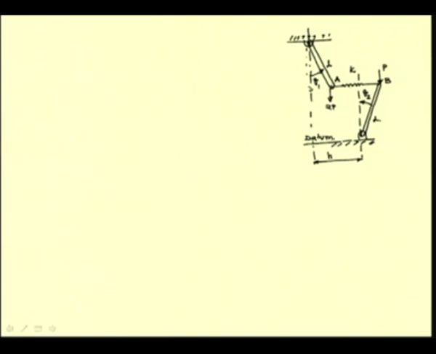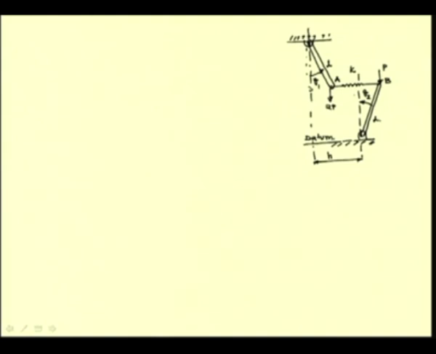Let us also assume that for small disturbances the spring is stretched only in the horizontal direction, that is, there is no misalignment of the spring because of the small perturbation of theta 1 and theta 2, and the spring is aligned in the horizontal direction itself.